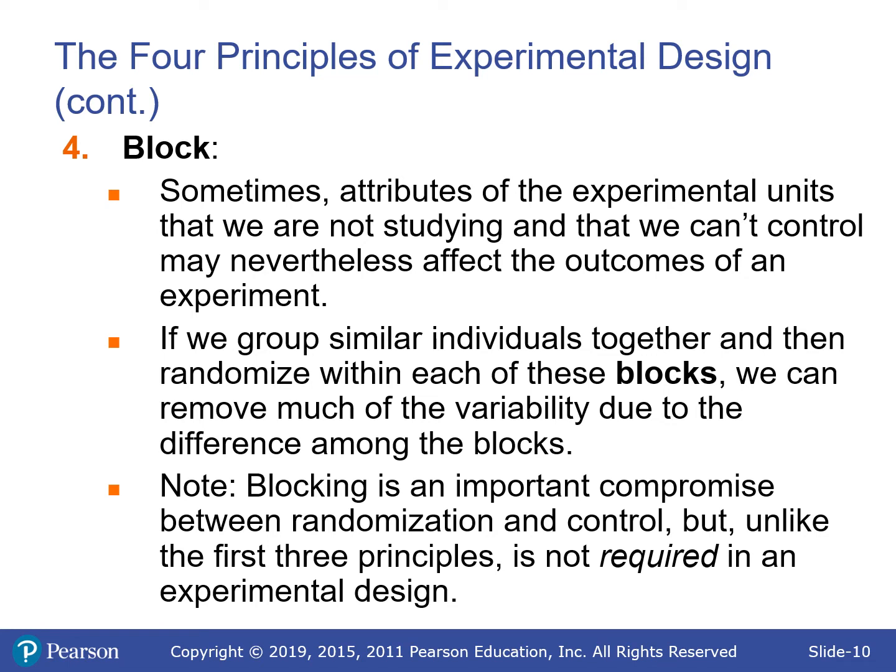That way we make sure that each of the plants from the different stores get equal representation in the treatments. And that can be important because maybe store B has a better quality of plant than store A does, and so they're going to react better regardless of what treatment they get. So the blocking helps spread that variability out.